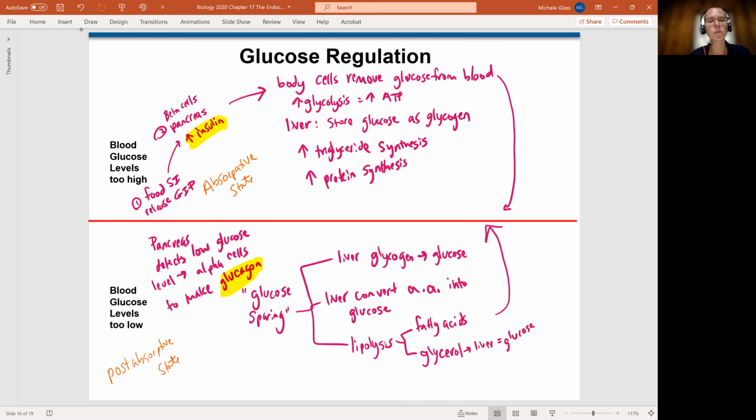So you should consider absorptive state is when you are actively eating food. Takes about 4 hours to digest a meal. So most of us, if you have a breakfast, a lunch, a dinner, a couple snacks in between, all of your waking hours, you're probably in this absorptive state.